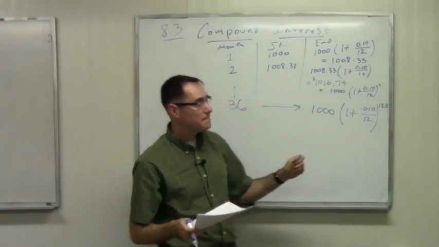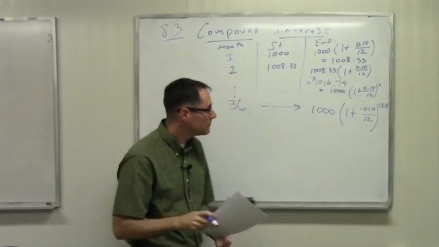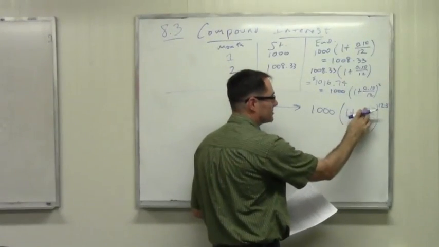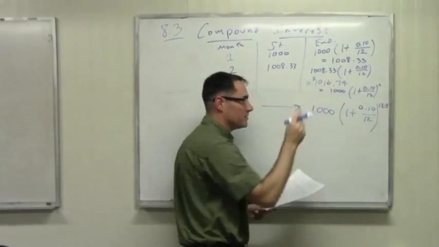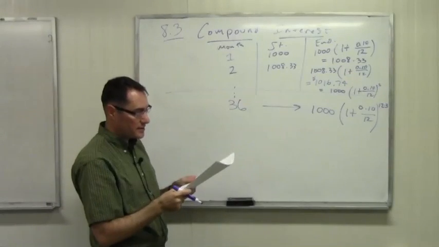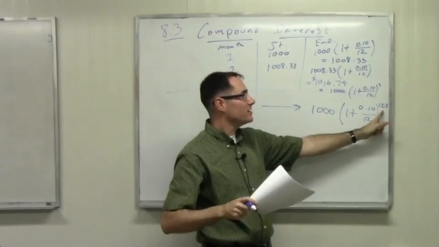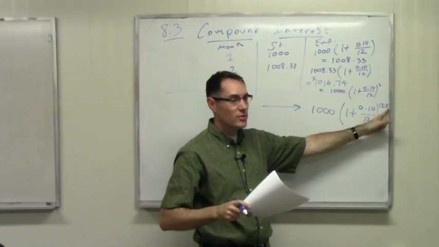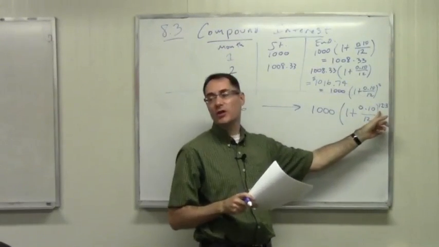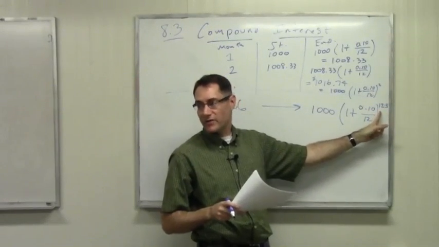Isn't that only 10%? Isn't it 0.1? Thank you, it is. I messed that up again. It's 0.10. Times the number of years, which is 3, times the number of times per year, which is 12 in this case.